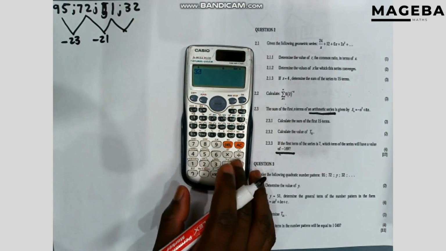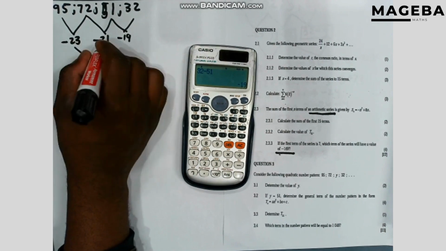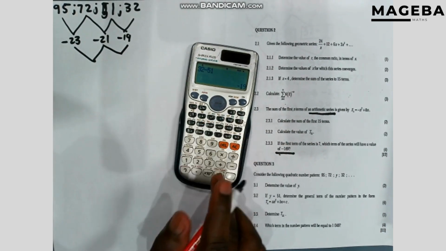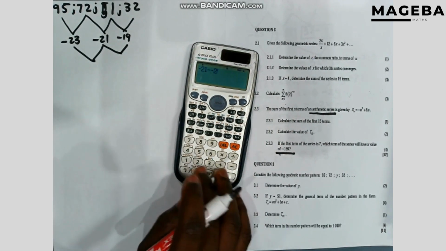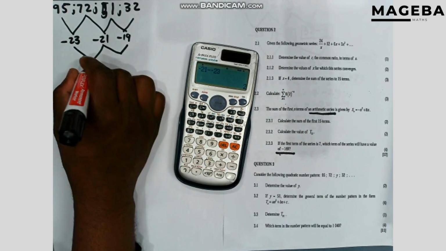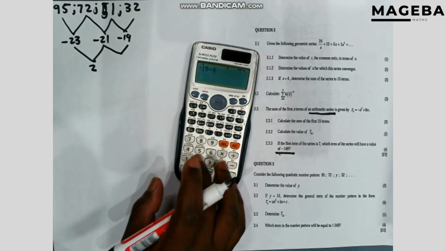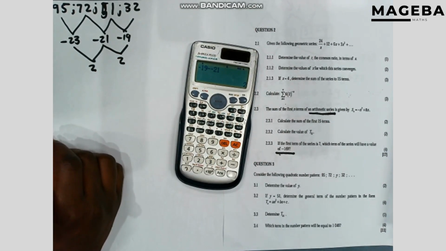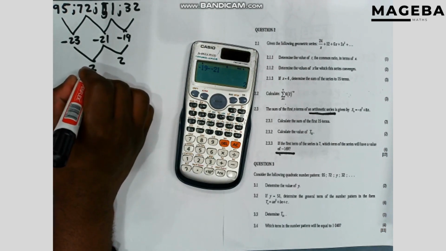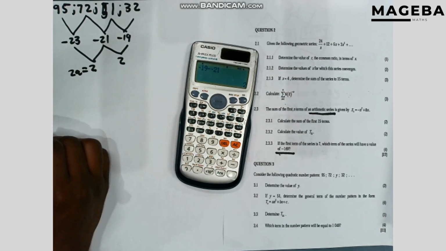Then 32 minus 51 is negative 19. For the second difference, negative 21 minus negative 23 is 2, and negative 19 minus negative 21 is 2. We all know this one. Then, taking the second difference, we equate it: 2a is equal to 2.